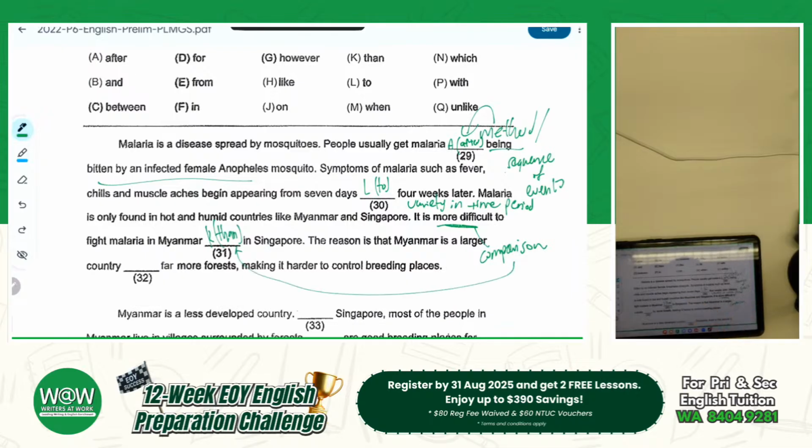The reason is that Myanmar is a larger country dash far more forests, making it harder to control breeding places. Now, look at question 32. We're looking at how the country has different things. More forest. So this is a characteristic. It belongs to Myanmar, right? So we'll say the country with far more forests.